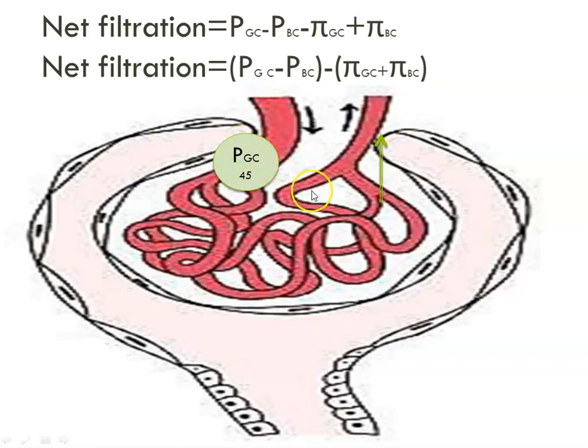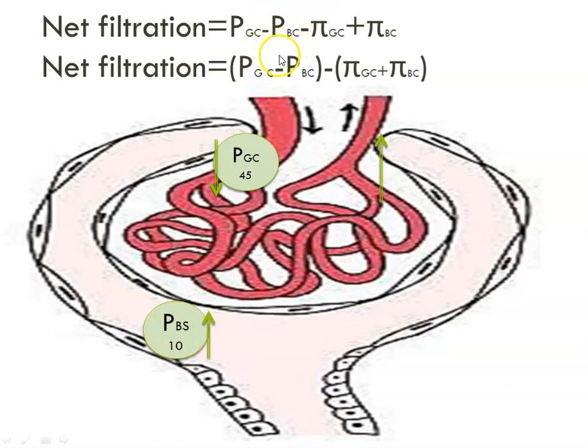So this hydrostatic pressure is a positive pressure which helps in the filtration of the plasma. This is the positive pressure, PGC. And this is the hydrostatic pressure in the Bowman space. This pressure opposes the filtration, so this is the negative pressure: minus hydrostatic pressure in the Bowman's capsule.